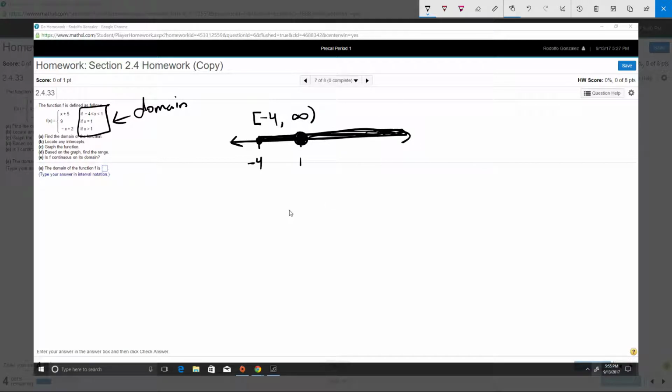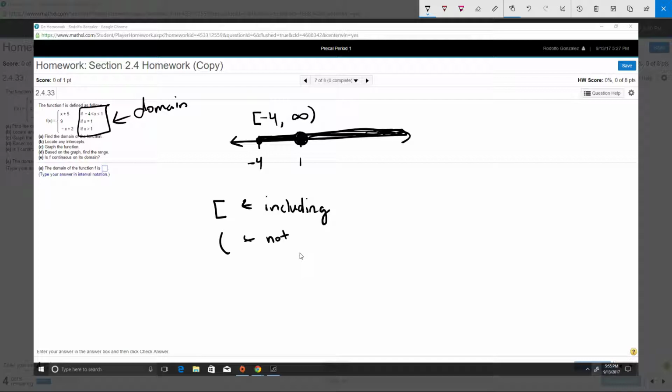A lot of people were asking me the difference between these two symbols. Keep in mind, this bracket means that you are including that number, and the parentheses mean not including.